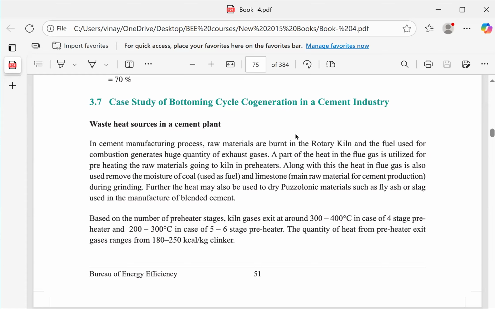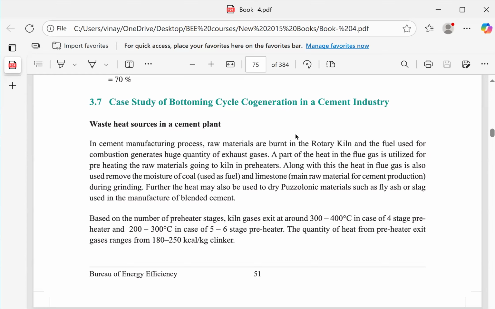And therefore, when the fuel is burned, the highest temperature zone is used for the process, roasting process or the furnaces, right? And when it is exhausted, the exhaust gas temperature is very high, 700, 750 degrees centigrade.